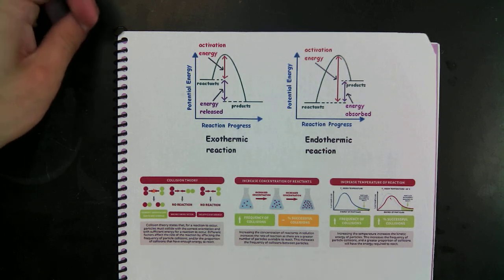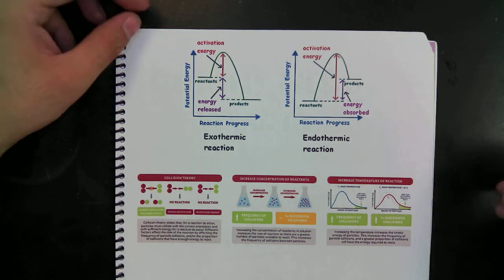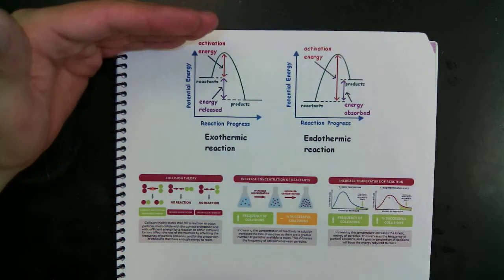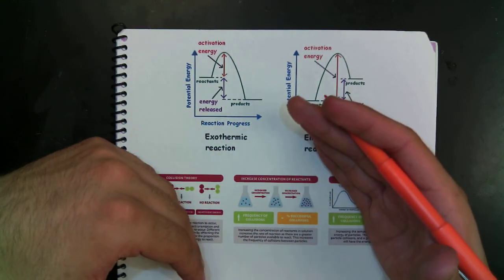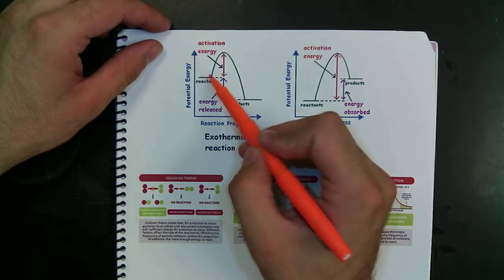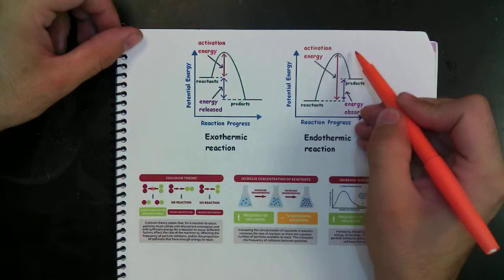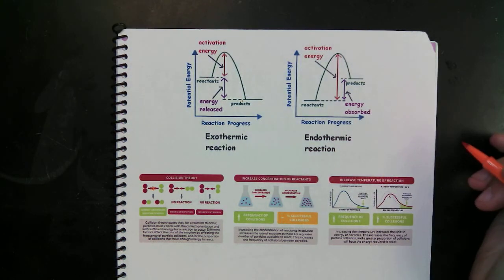You should be familiar with recognizing an exothermic versus an endothermic energy diagram, products and reactants, their placement. Remember, it's plotting potential energy, so which one has the higher potential energy, which one has the lower, how potential energy changes and kinetic energy changes in response. So the potential energy here is decreasing, which means kinetic's going to increase, and then potential energy is increasing here, so kinetic's going to decrease.